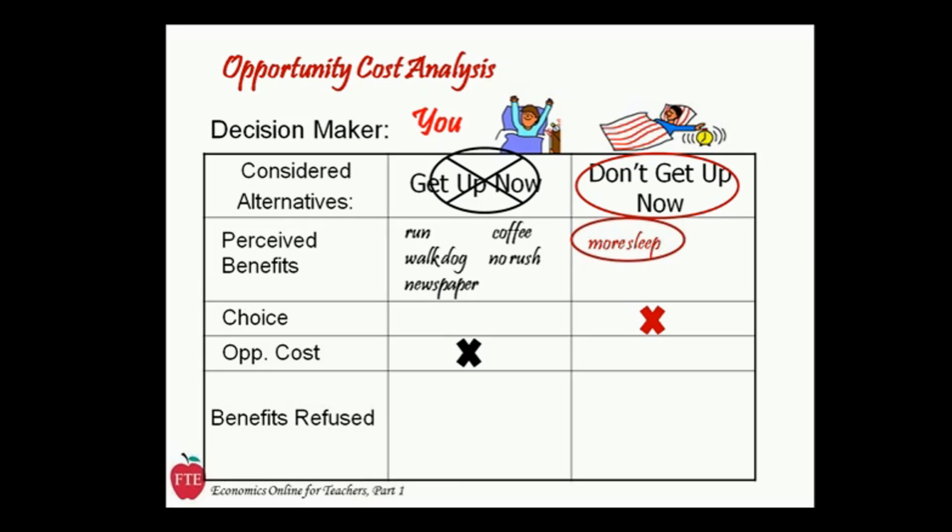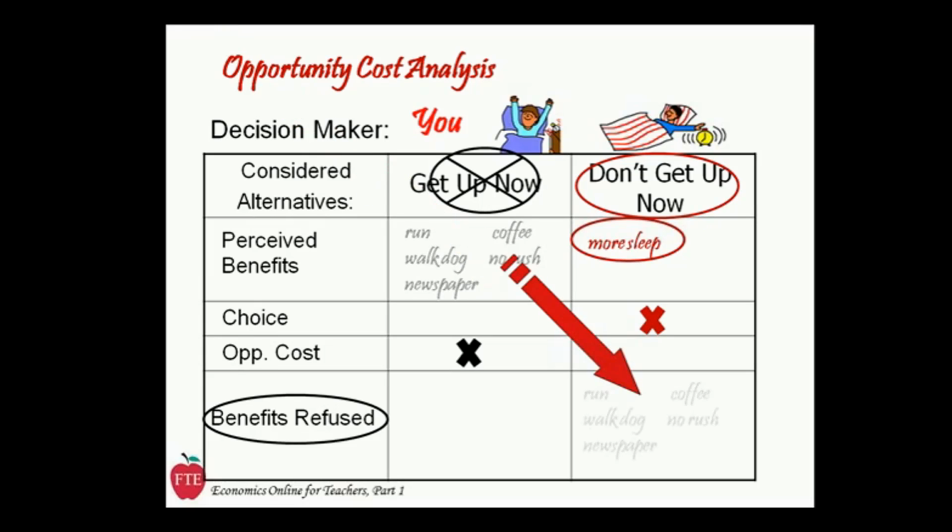Your choice comes with benefits, but the next best alternative had benefits too, and giving up that alternative, you refused the benefits. So in my chart, I'm going to have the benefits of the foregone alternative migrate over into the refused box.